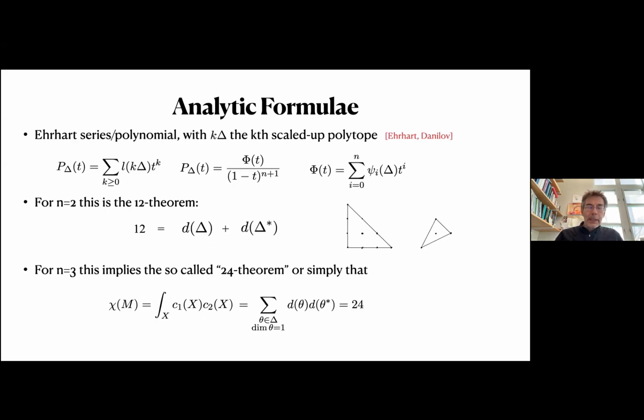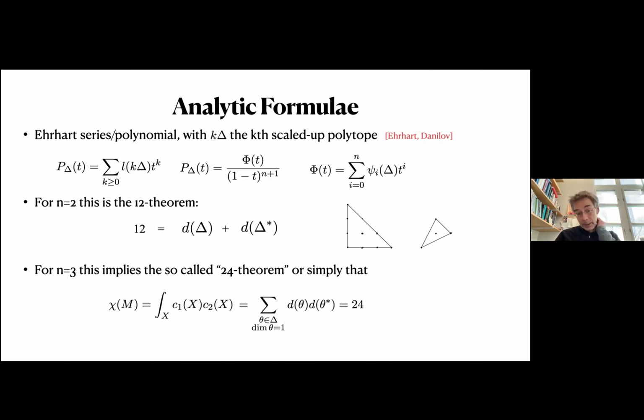Instead, the important fact is that there exists this notion of the Ehrhart series, or Poincaré series or Hilbert series, a generating function in terms of a one-parameter family T, where the coefficients are the number of points in the various scaled up polytopes.